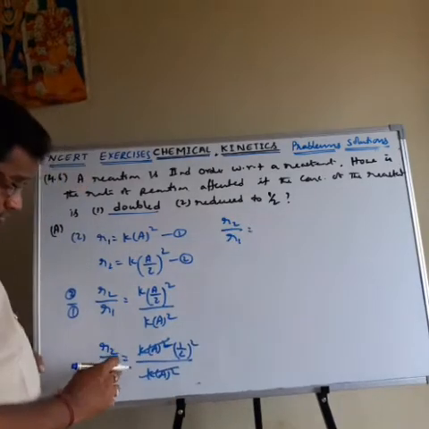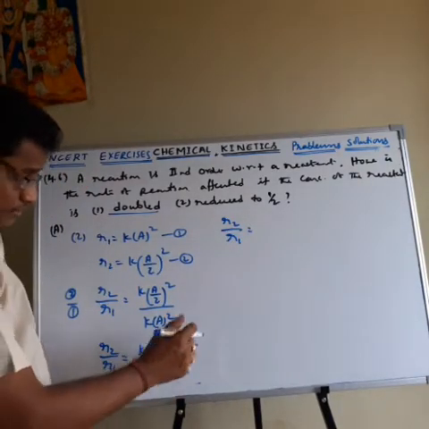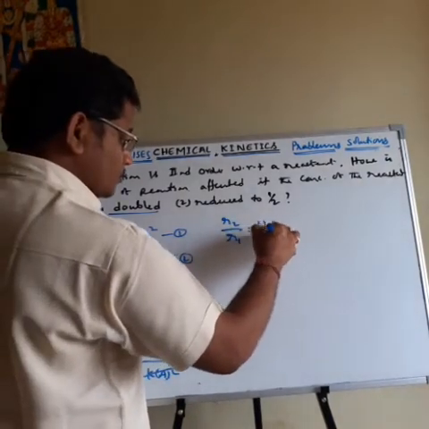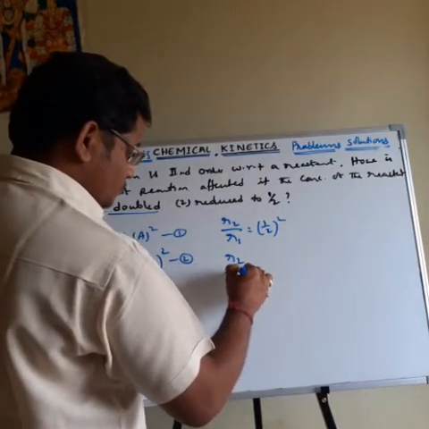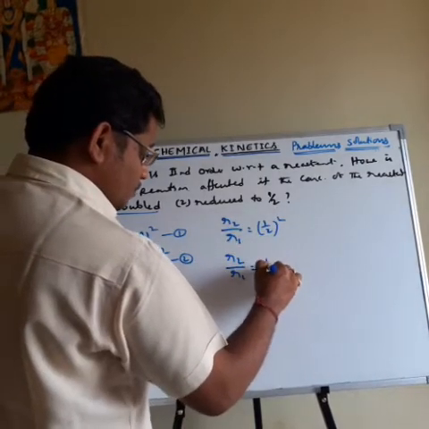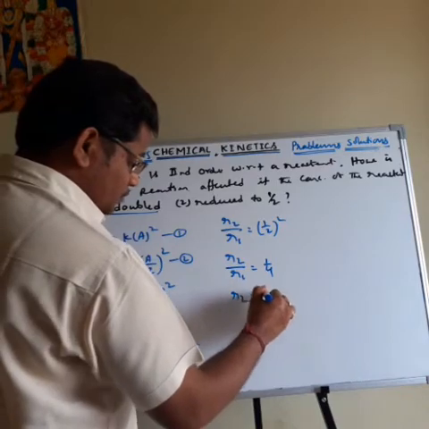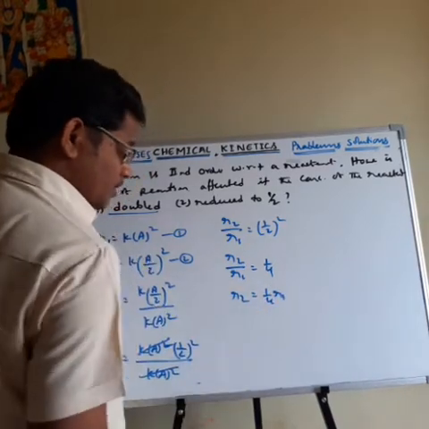Then R2 by R1 is equal to (1 by 2) power 2, so R2 by R1 is equal to 1 by 4. Therefore R2 is equal to 1 by 4 into R1.